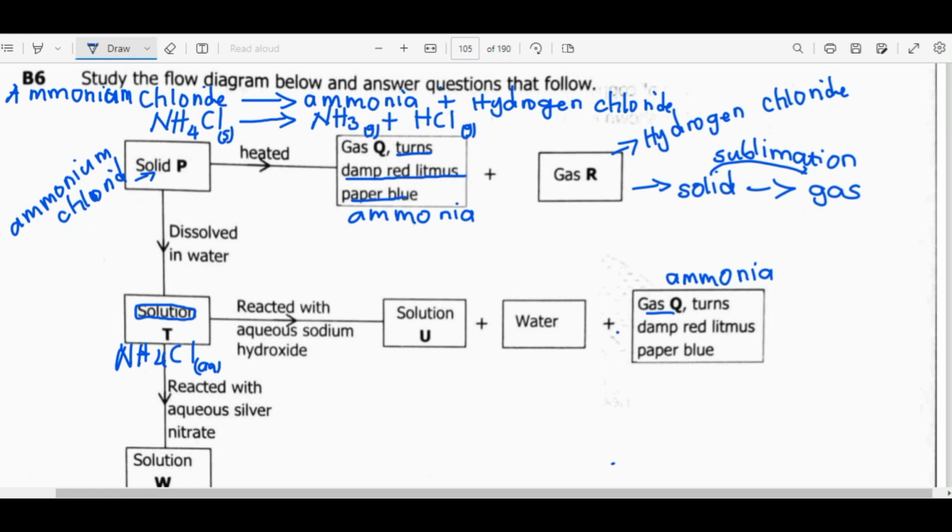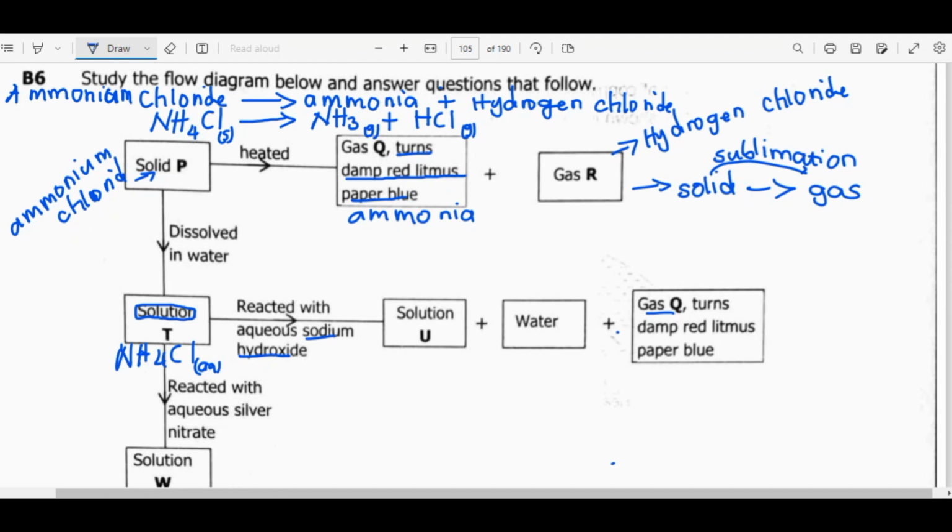So the task is we need to identify solution A. How can we identify this solution A? We are going back to this solution T, which is the ammonium chloride in aqueous solution, now reacting with aqueous sodium hydroxide. So what happens when ammonium chloride reacts with sodium hydroxide aqueous solution?